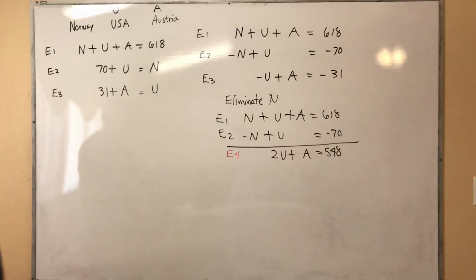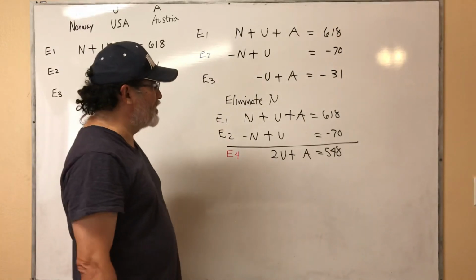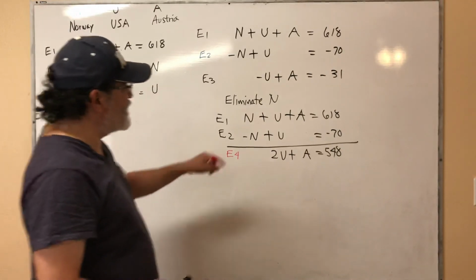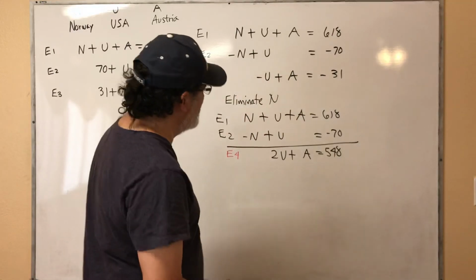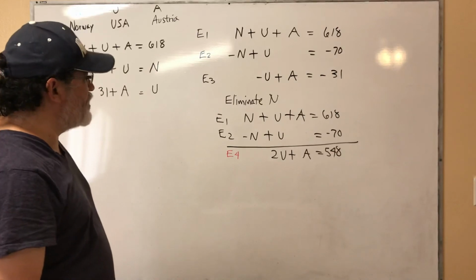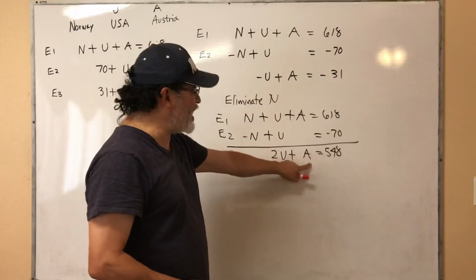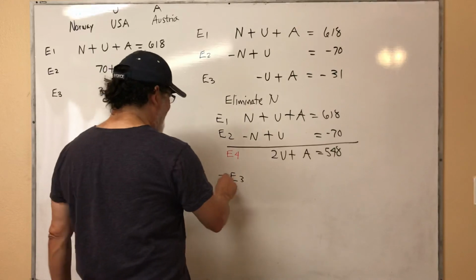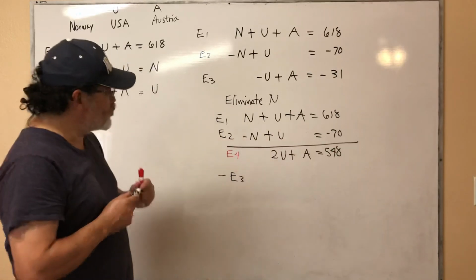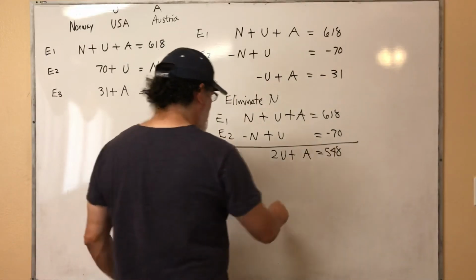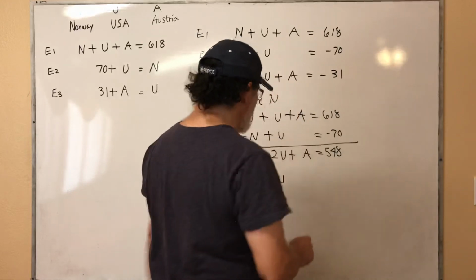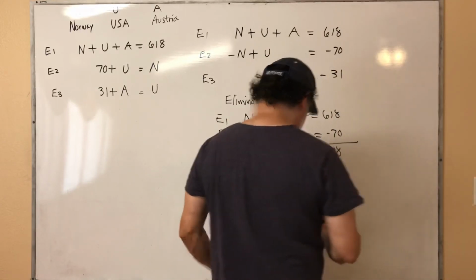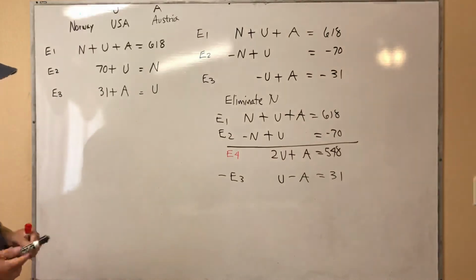Let me look at equation 4 and equation 3. Equation 3 has negative U plus A. I bet if I multiply equation 3 by a negative, I'm going to get rid of the A's. So multiply equation 3 by a negative: you get U minus A equals 31.